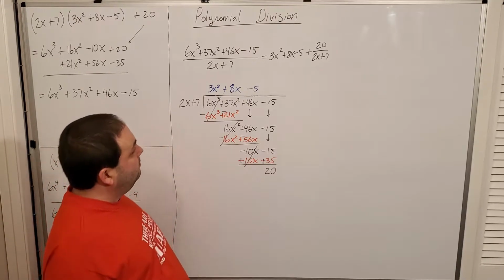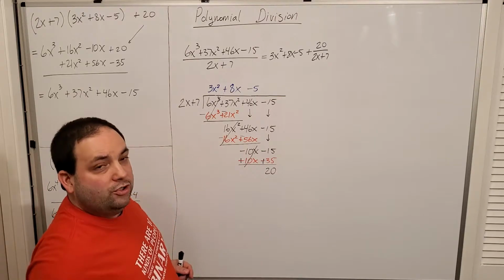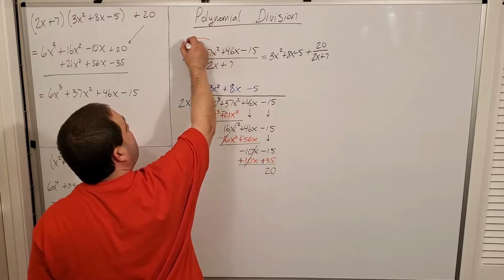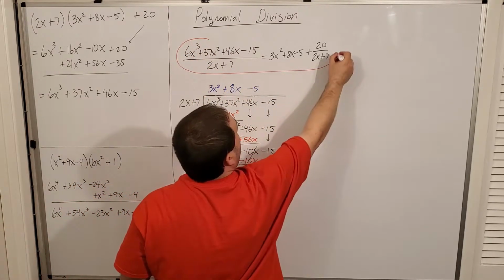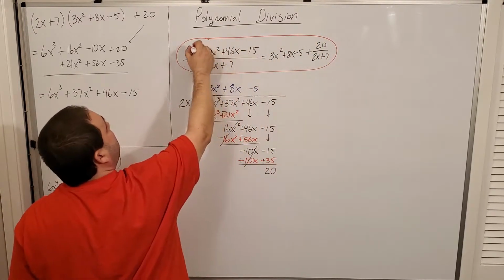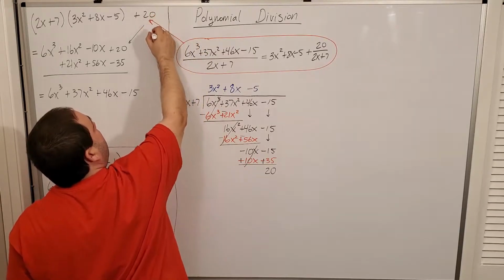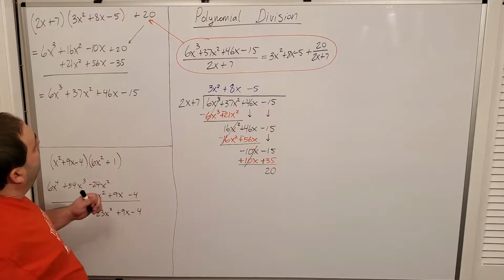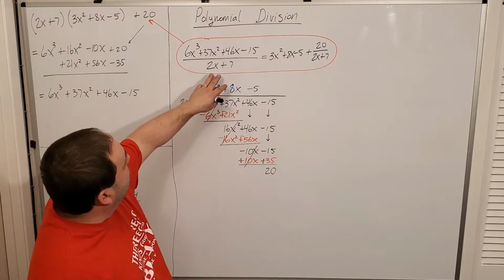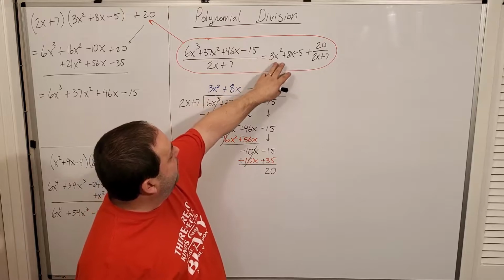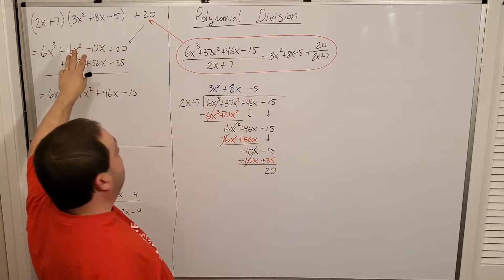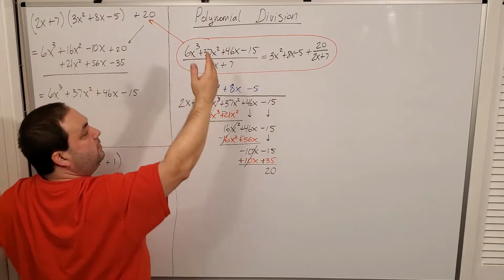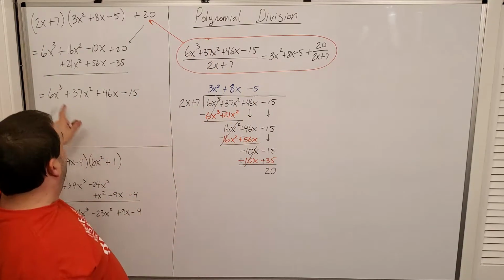Yeah? Okay, now the next thing I want you to notice that's going to help us with some understanding later is that this statement right here is the same statement as this being equal to this, right? Look really closely. If I multiply by 2x plus 7, then this statement here becomes this, because the 2x plus 7s would wipe out over there, and it would be equal to this.